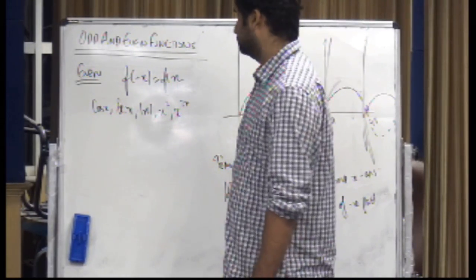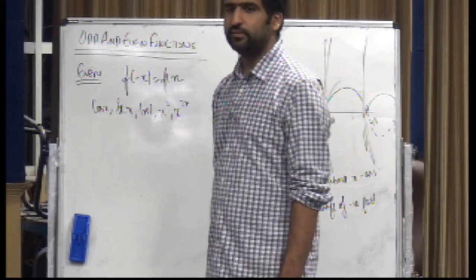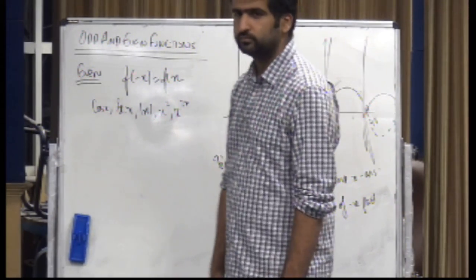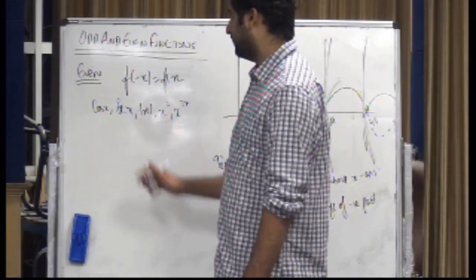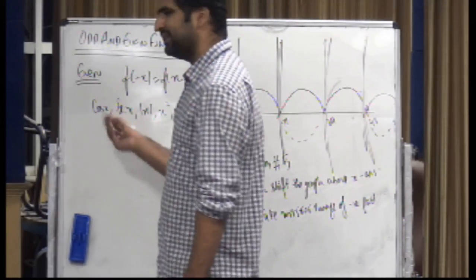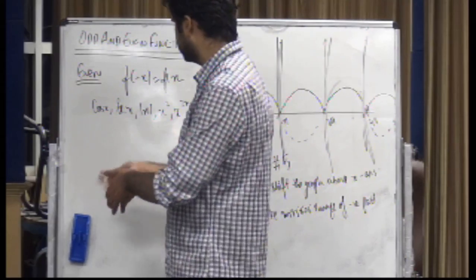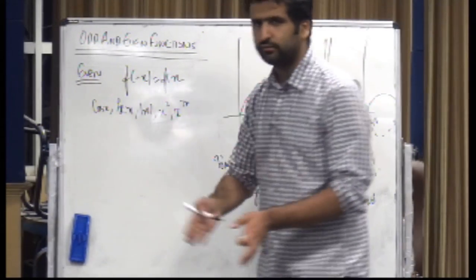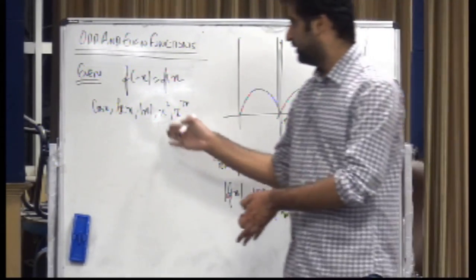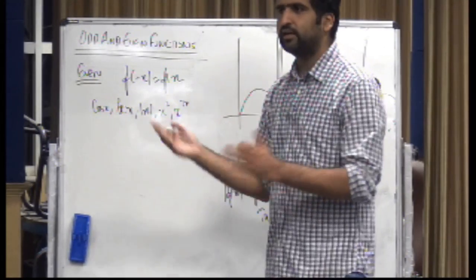In all these cases, if you put cos of minus x, that will come out eventually as cos x. So mod of minus x will convert into mod of x. x square is the same as minus x square.